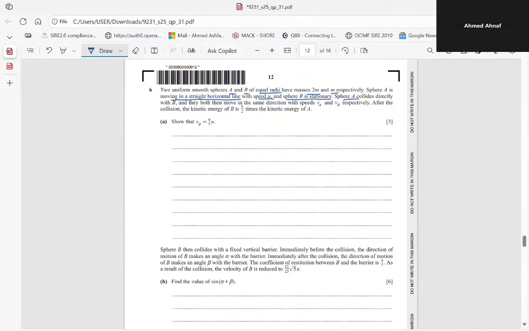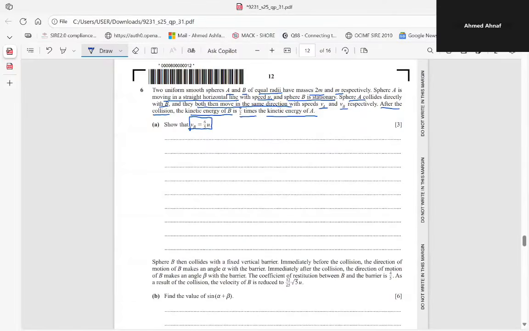Sphere A collides directly with B, and they both move in the same direction with speeds vA and vB respectively. After the collision, kinetic energy of B is 9 over 2 times the kinetic energy of A. Okay, so for the first part, we have to show this result is true.